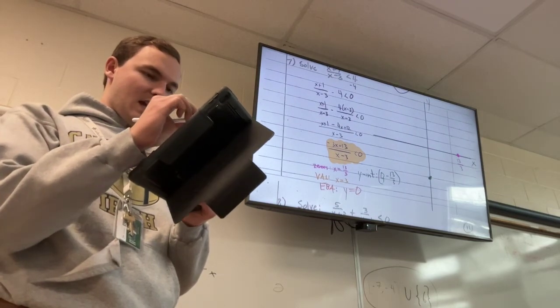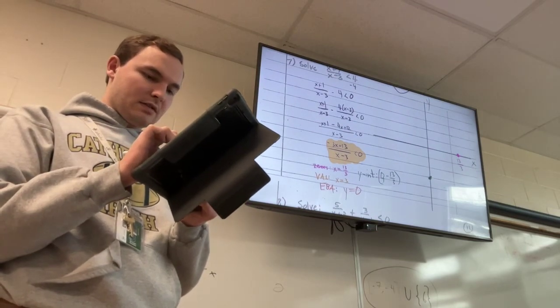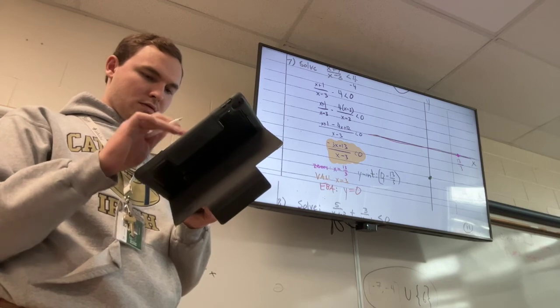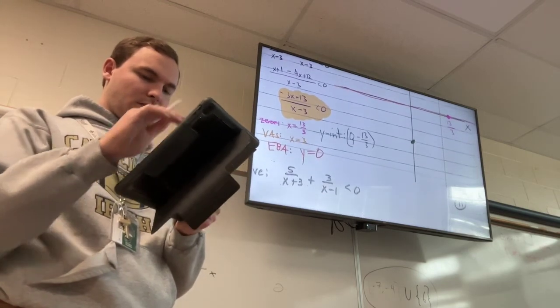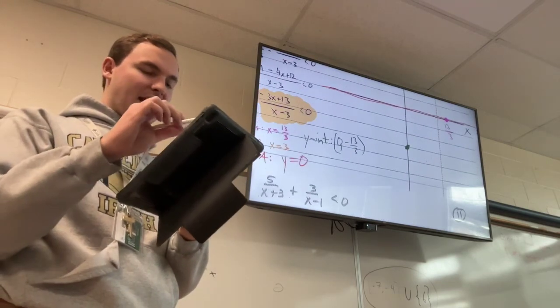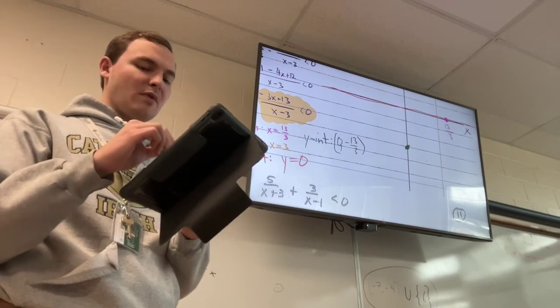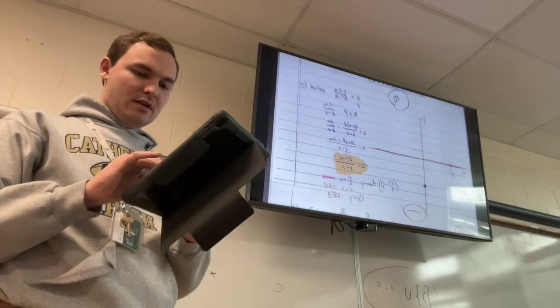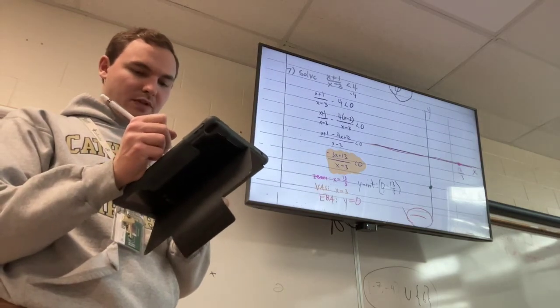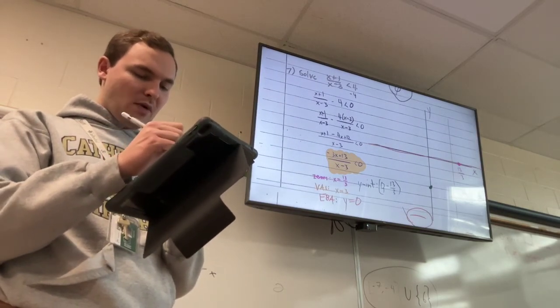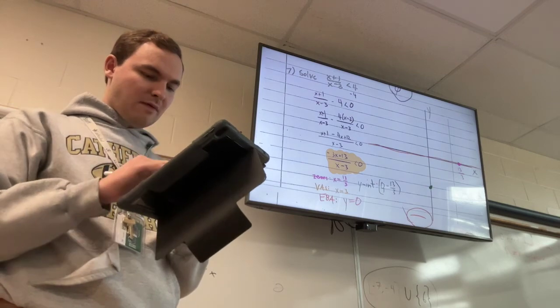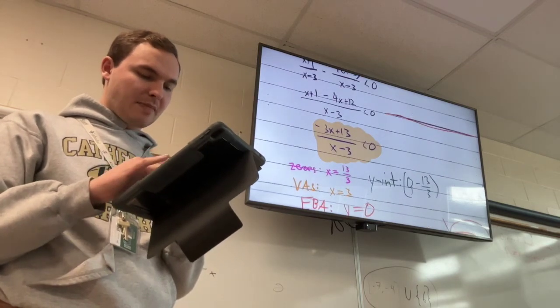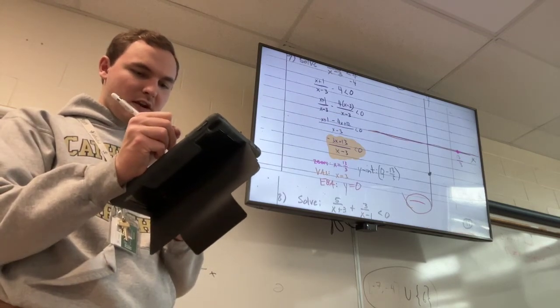My EBA is just the x-axis. My y-intercept is a point below 0, so the graph is going to be negative here. At 4, plug in 4: if you plug 4 into this function, you get a positive. So it's going to be positive right here.